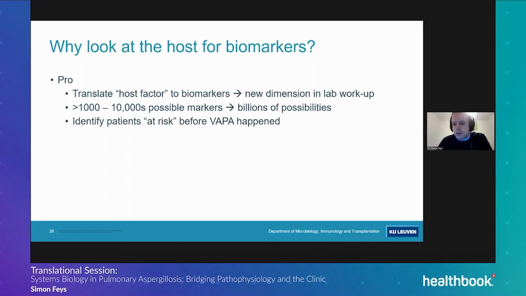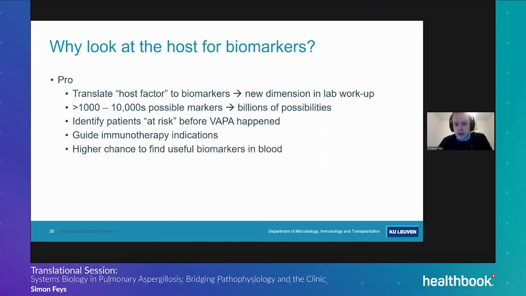We might actually, with this approach, be able to identify patients at risk before VAPA has happened from an immunological point of view, and so before VAPA has been able to establish damage in these patients. Also, it could guide immunotherapy indications, if in the future we could identify some immunotherapy as adjuvant therapy in VAPA.